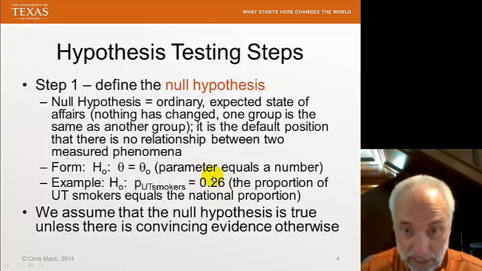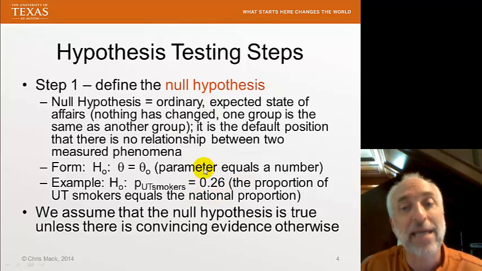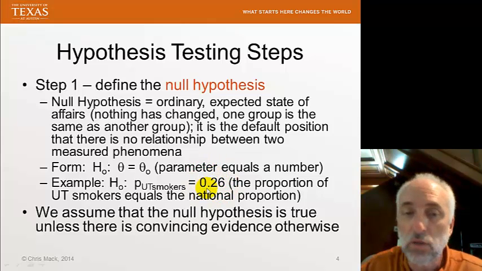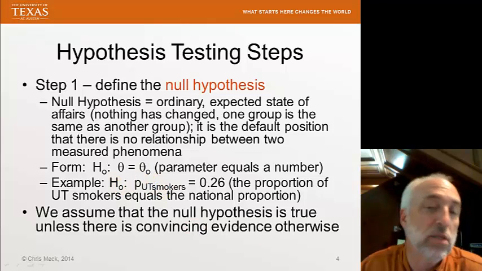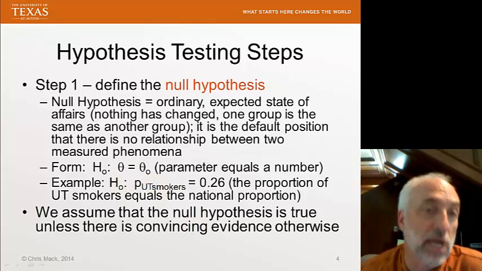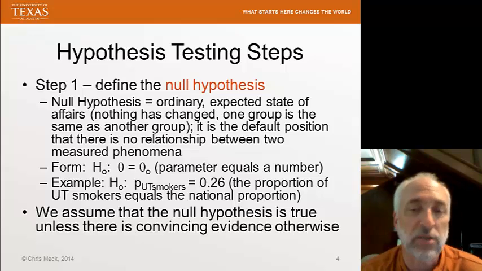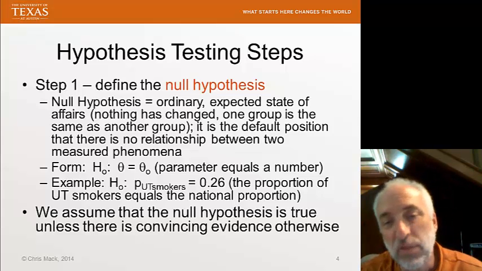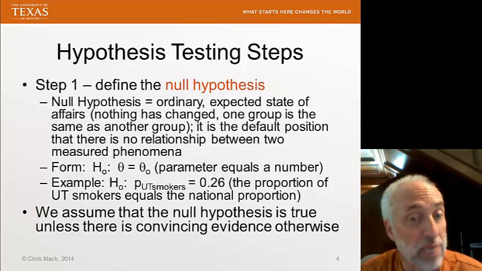Where did 0.26 come from? That is the national proportion of college students who smoke. So my null hypothesis is that UT students are just like any other college student. There's nothing different about UT students. That's the typical way we would frame the null hypothesis.